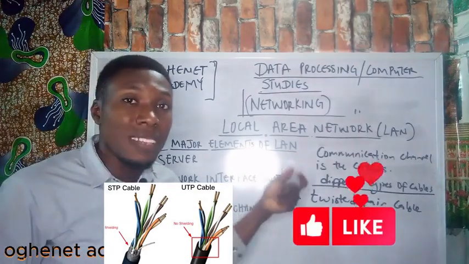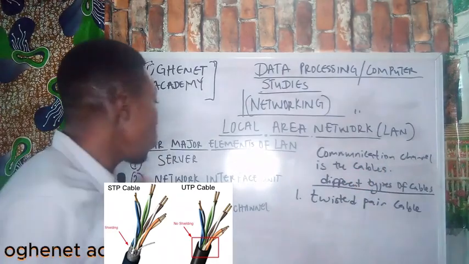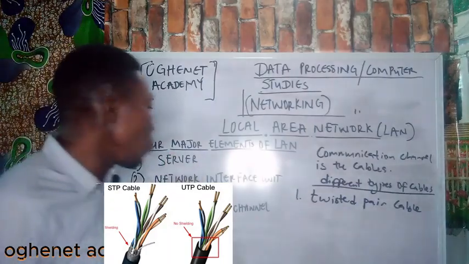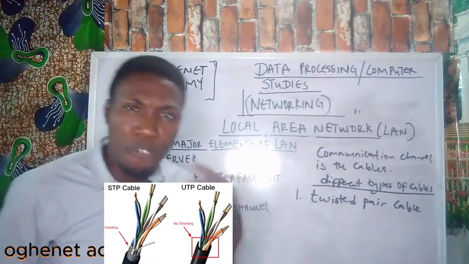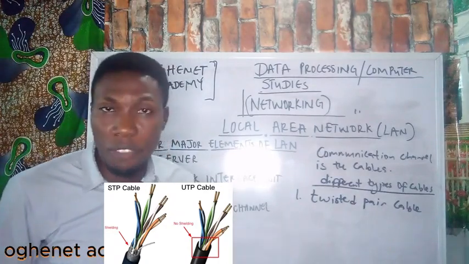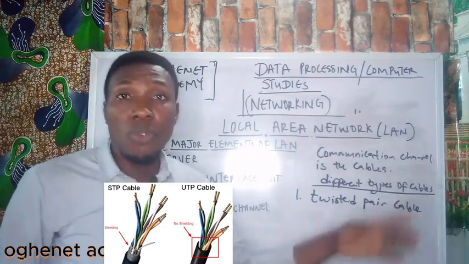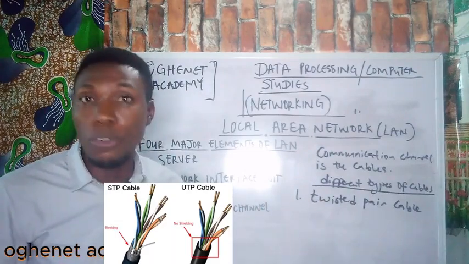Okay, it can also happen in networking. There can be an interference that will corrupt the signal that is being transmitted from the server to the workstation. In order to avoid such unnecessary interference, because once the signal is corrupt, what the user is supposed to see will not be what is seen again.